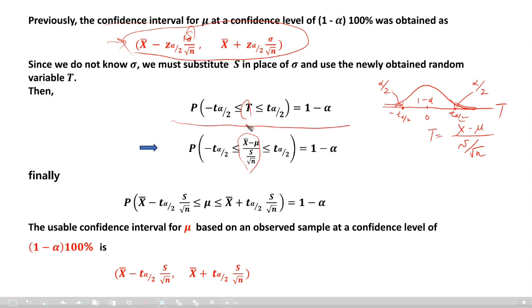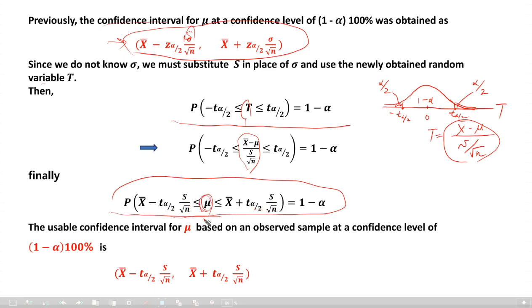From this relation, we replace t here, right? Then we take several steps. Then finally, as before, we got this equation. So what does this equation imply? Mu lies between x bar minus t alpha over 2 times s over square root n and x bar plus t alpha over 2 times s over square root n.